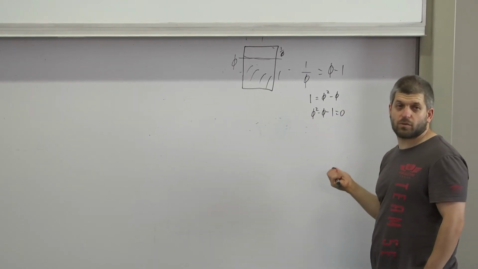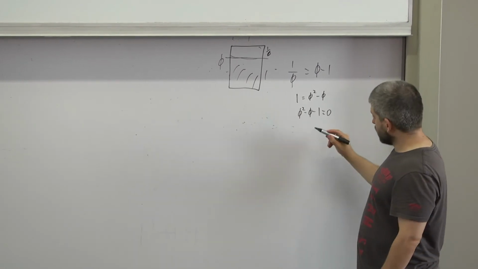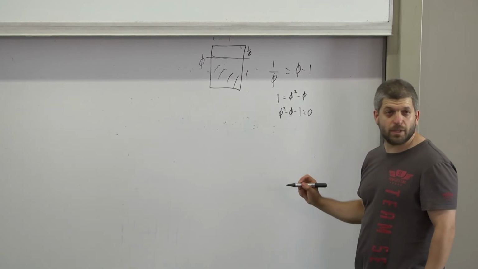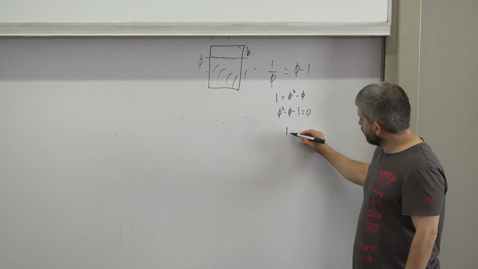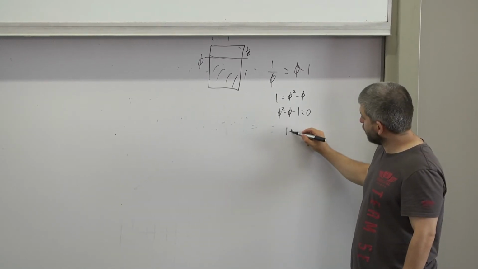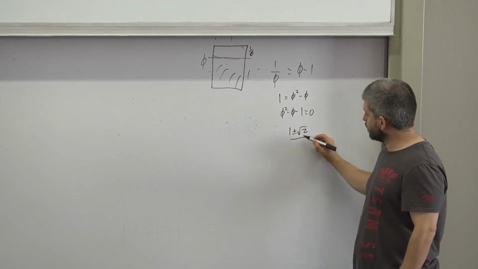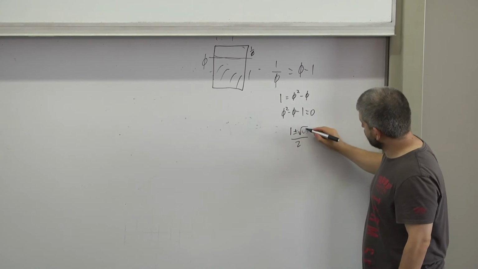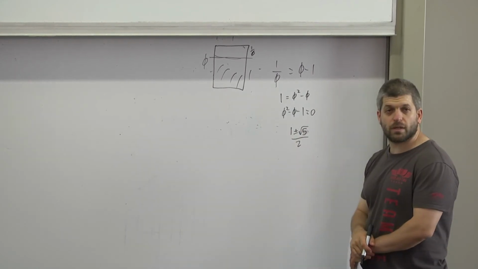And really that's all that happens. Now there are two roots to this polynomial, same as the two roots to that polynomial, and they're 1 plus minus root 5 over 2. Okay, just from the quadratic formula.